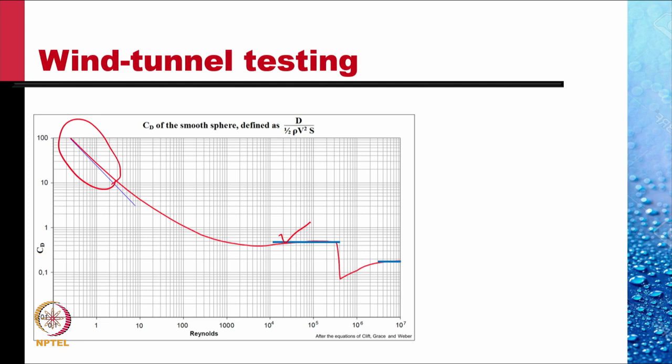Then again at a much larger value. We had seen in a fluid dynamics course that the first region represents laminar separation around the smooth cylinder, and the second is when the boundary layer is turbulent, so there is turbulent separation. But CD is constant.